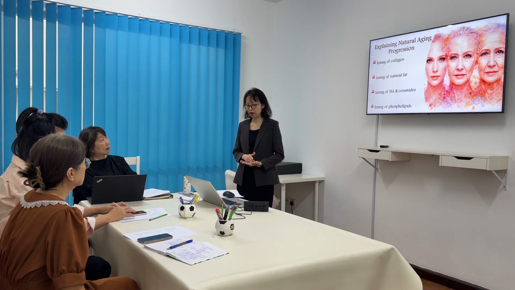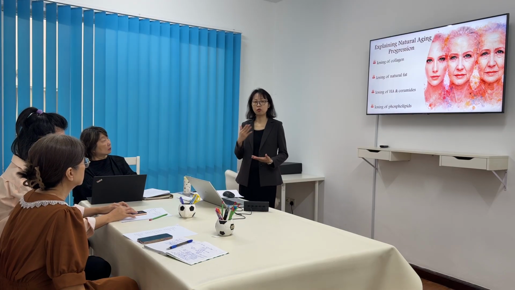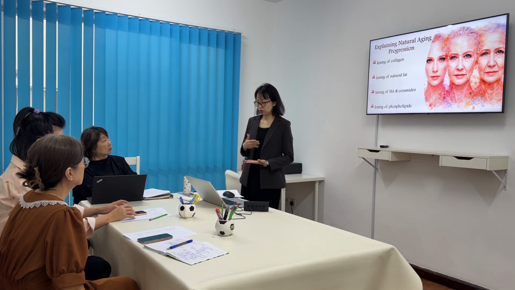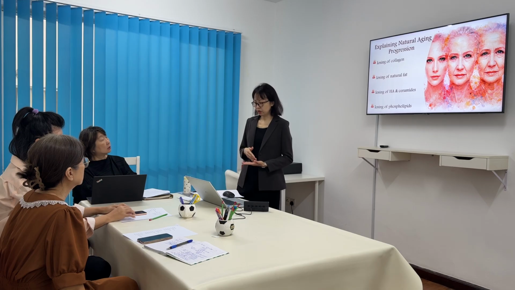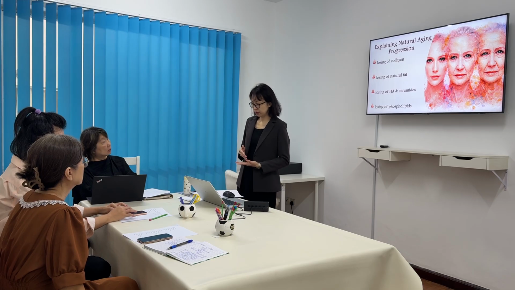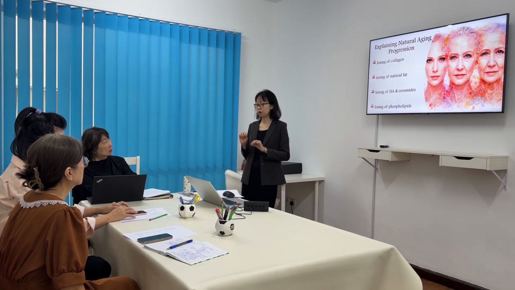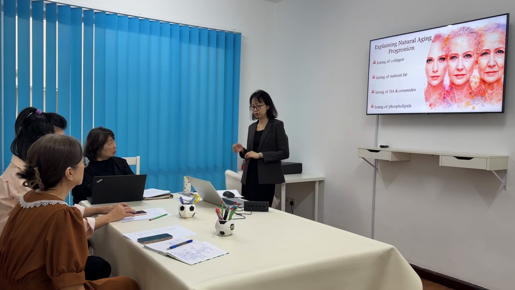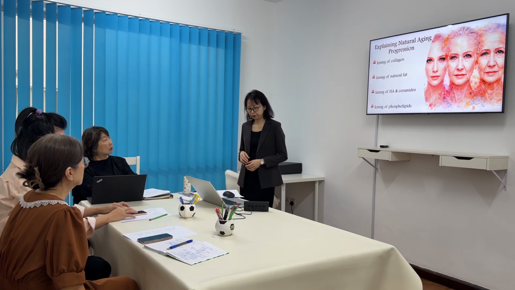So what happens with age? Collagen production decreases over time, so skin loses elasticity. The visible signs are fine lines and wrinkles, sagging, reduced firmness, and thinner skin texture. Less collagen means less support. This is why wrinkles become so visible.